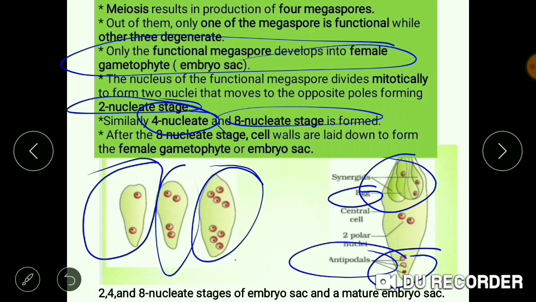So a mature embryo sac consists of 8 nuclei, and among them, the 3 nuclei present at one pole are termed as egg apparatus. They are present at the micropylar end, while the 3 nuclei at the chalazal end are termed as antipodal cells. 2 polar nuclei lie in the center.